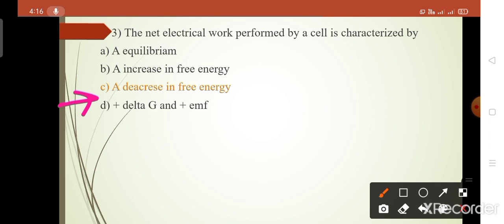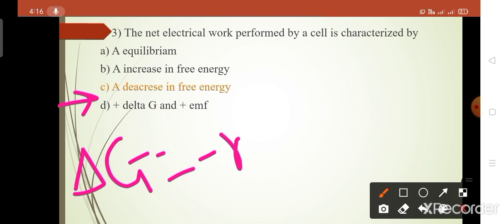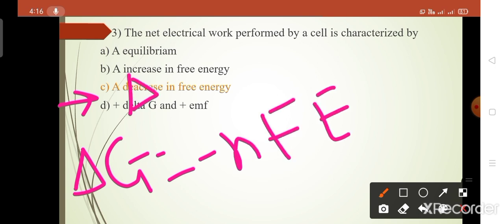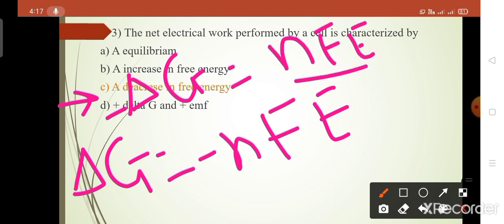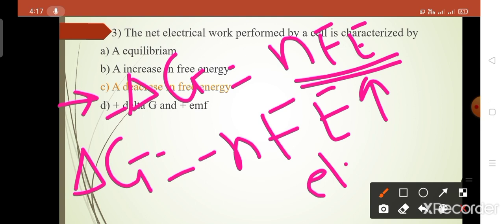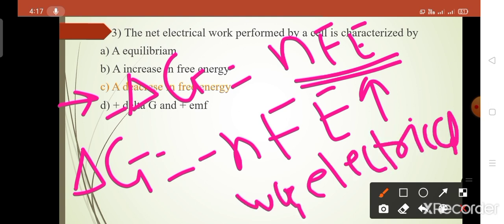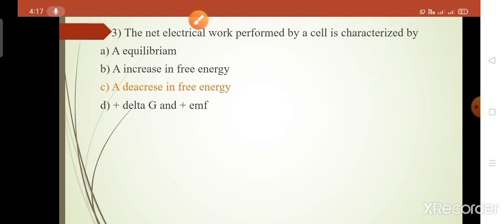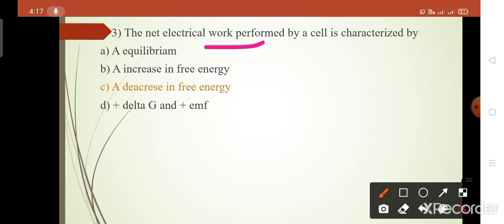So we can write the equation for the Gibbs free energy: delta G equals minus nFE, meaning minus delta G is equal to nFE, and nFE is nothing but the electrical work. So we can skip option A, option B and option D, but option C is the correct answer.